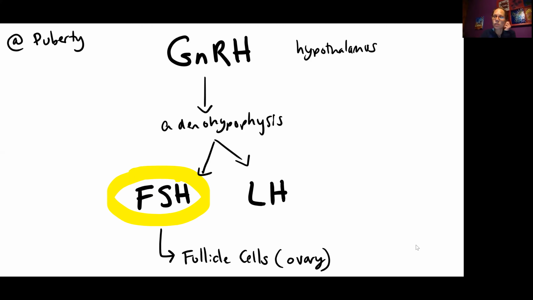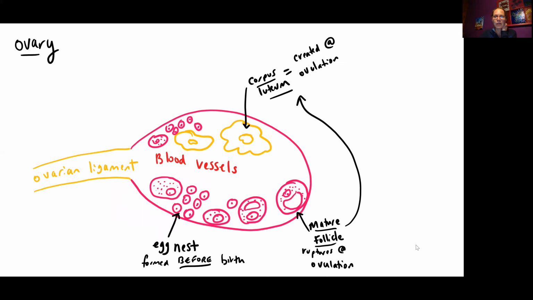We will see that these hormones are actually named based on cells in the female ovary. So our follicle stimulating hormone is going to, guess what? Stimulate the follicle cells in the ovary. Now remember, we had this picture of our ovary before, and we see the little egg nest there, and then we see some follicles at different stages.